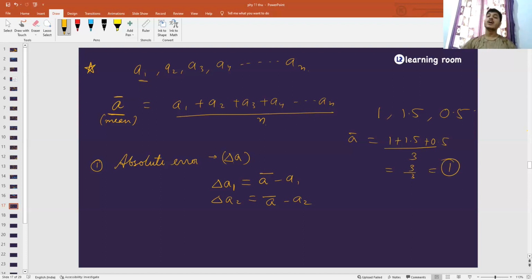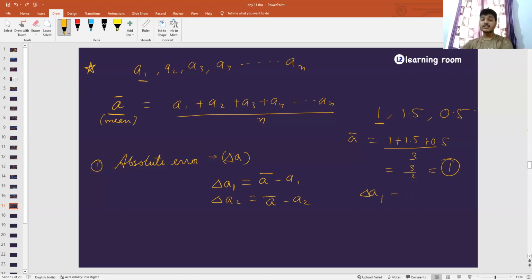So that is the mean value. And we will assume that this is correct unless we know the exact value. For a particular quantity, if we don't know the exact value, we take n observations, divide by n to get the mean value, and assume the mean value is correct. Now, how do we calculate the absolute error? The absolute error in the first measurement is 1 minus 1.